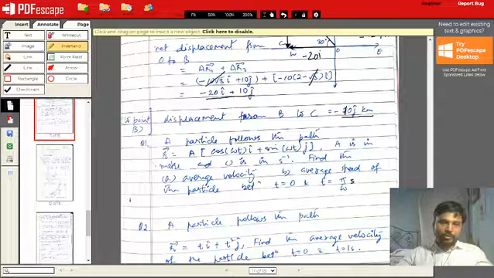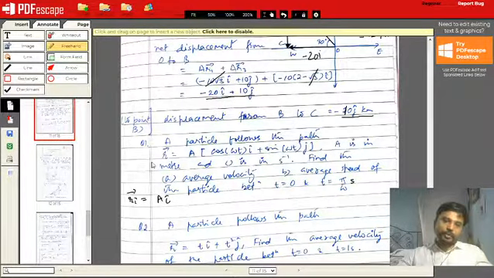So let us write the initial position of the particle. The initial position would be obtained by substituting 0 in these two terms. So t equal to 0 in this term would be cos 0, which is 1, so that would be a i cap, and sin 0, which would be 0. Final position would be similar. We put pi by omega.